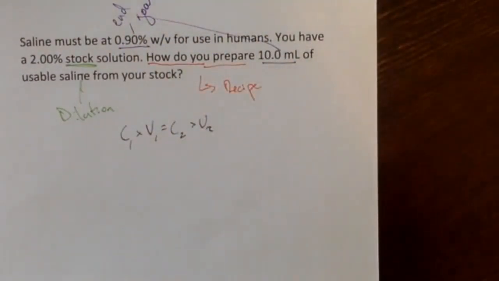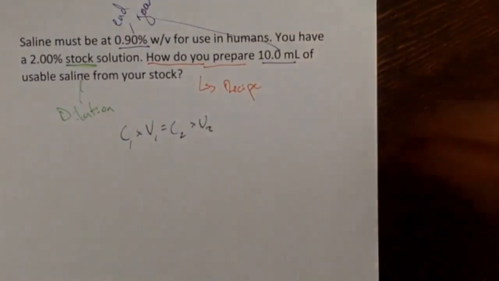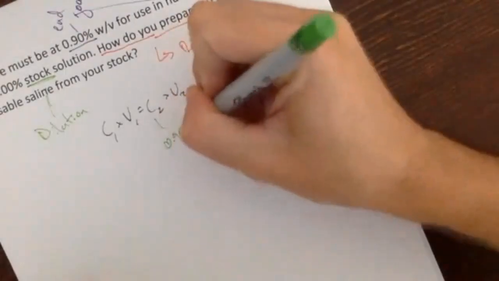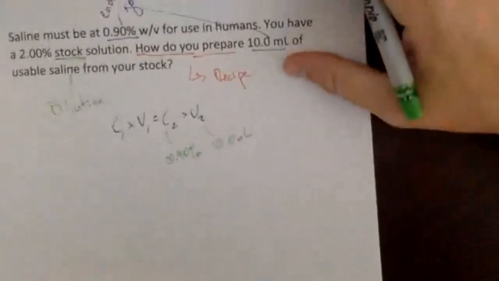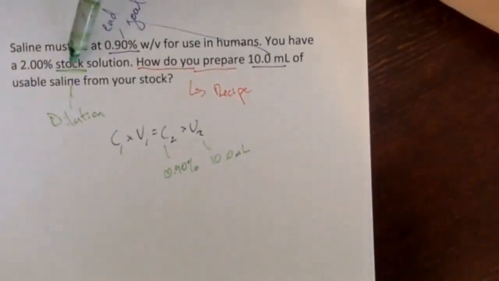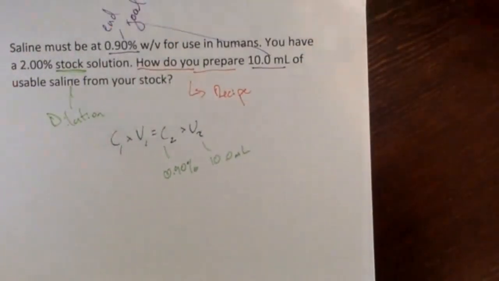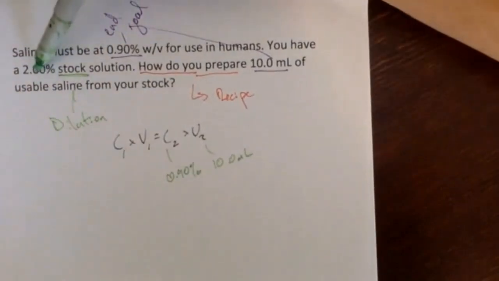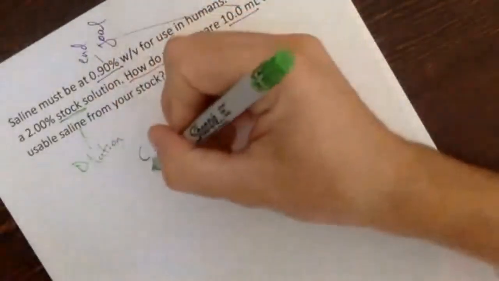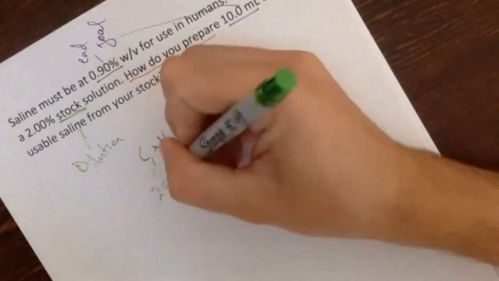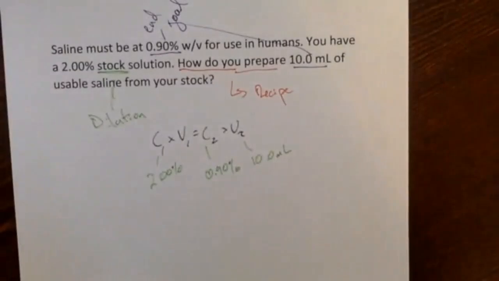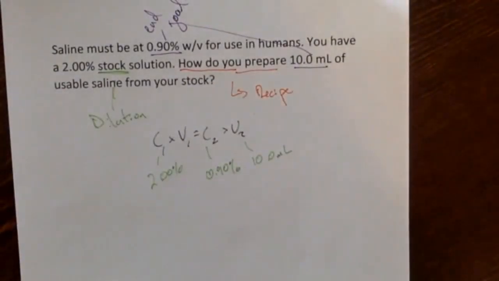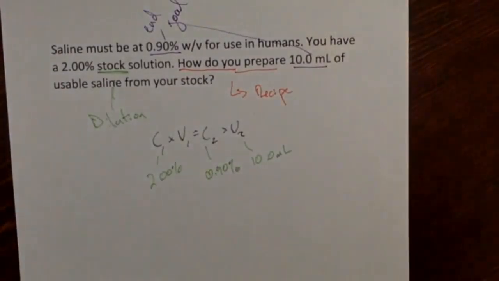So C2 is going to be my 0.90%. V2 is going to be my 10.0 milliliters. So stock is then normally solution 1, and I have only a concentration there. 2.00% is the concentration of my initial pre-diluted solution.